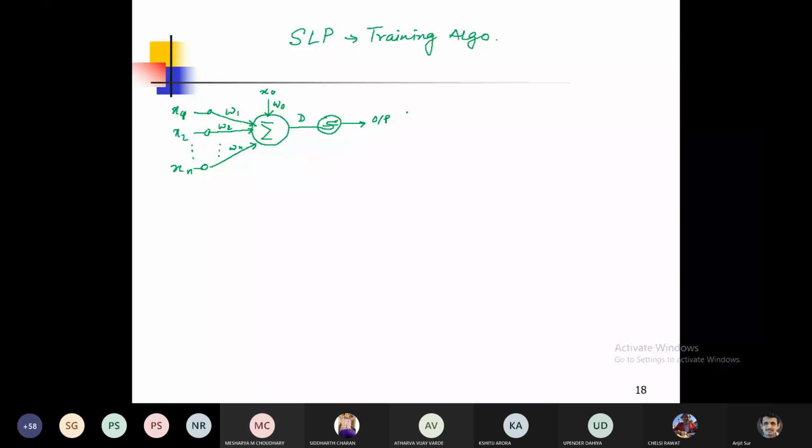Now what is D here? D is basically the summation, i equal to 0 to n, of wi xi. Right?